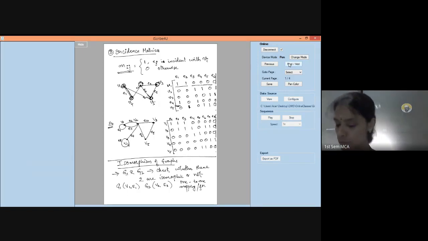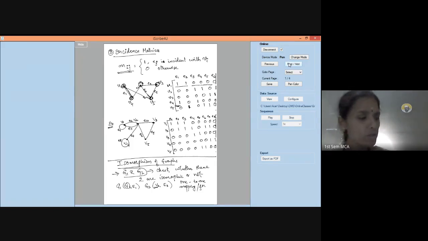That means there is a one-to-one function from every vertex of G1 to every vertex of G2, and a one-to-one function between every edge of G1 to every edge of G2. Then we call such graphs isomorphic graphs.